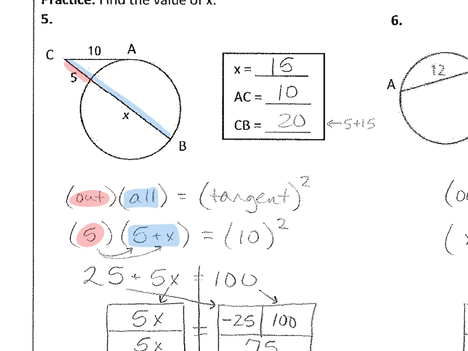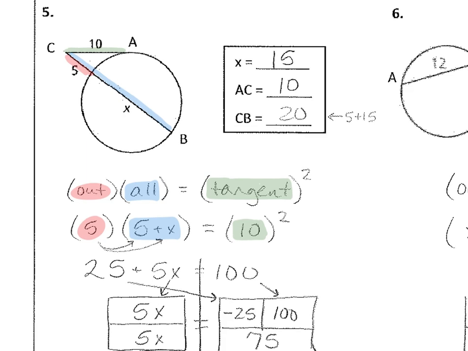Five plus x. And then I'm going to set it equal to the tangent part squared. What number is on that tangent line? 10. Now remember, squaring, if you don't know how to square in your head, there's a button on the calculator, but it is not times 2, it is 10 times 10.